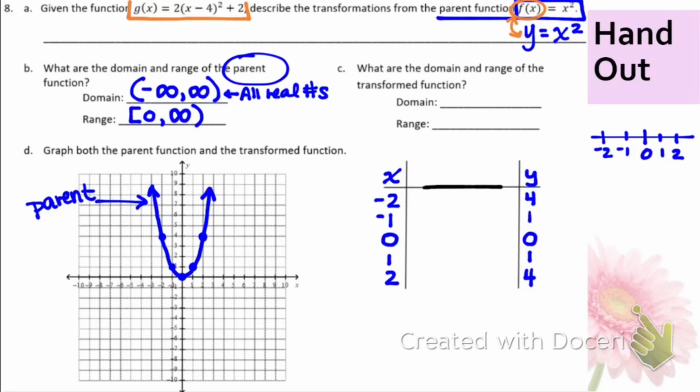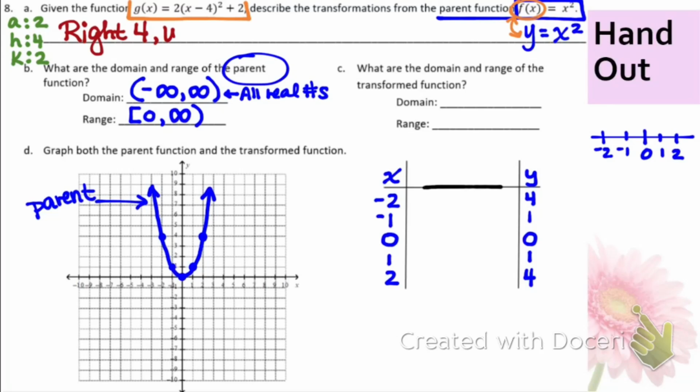So now I'm going to come up here and look at this. Can you tell me the values for a, h, and k here? a is 2. h is positive 4. k is positive 2. What is h going to do to this graph if it's a positive 4? Make it go to the right 4. What is k doing to my graph?